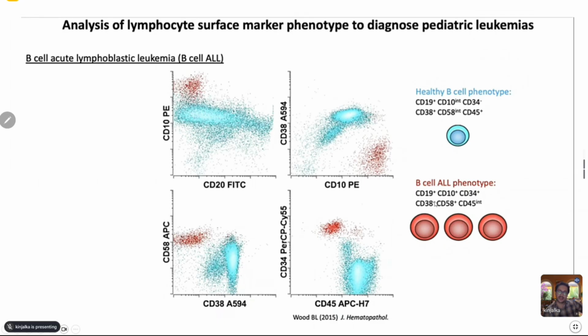Whereas the tumor or cancerous cells are CD19 positive, CD10 positive, CD34 positive, CD38 negative. Because had it become CD38 positive, it would have gone towards myeloma, multiple myeloma. CD58 positive and CD45 intermediate. So based on these kind of combinations, you can identify the number of cells which are malignant or which are coming from a particular clone.